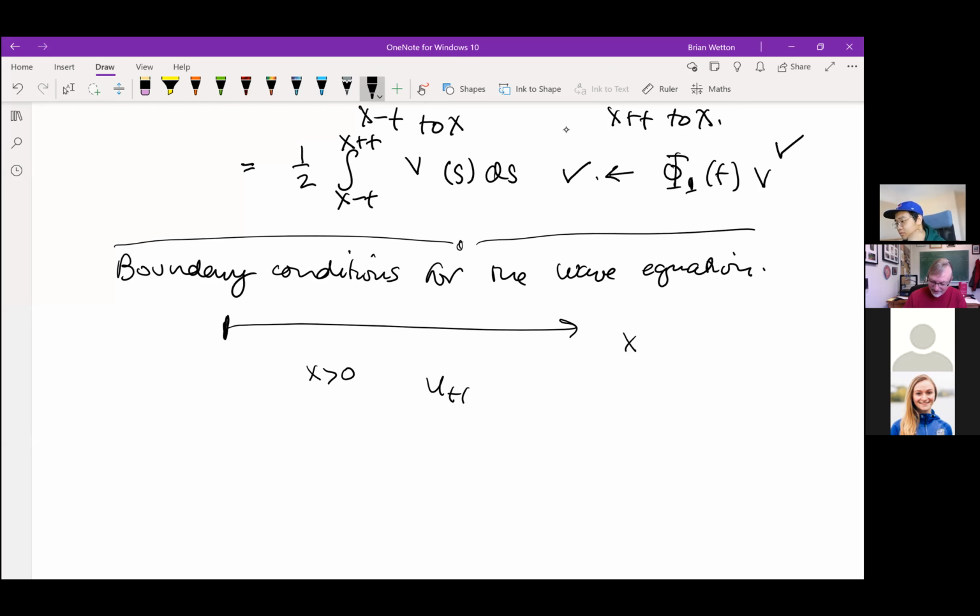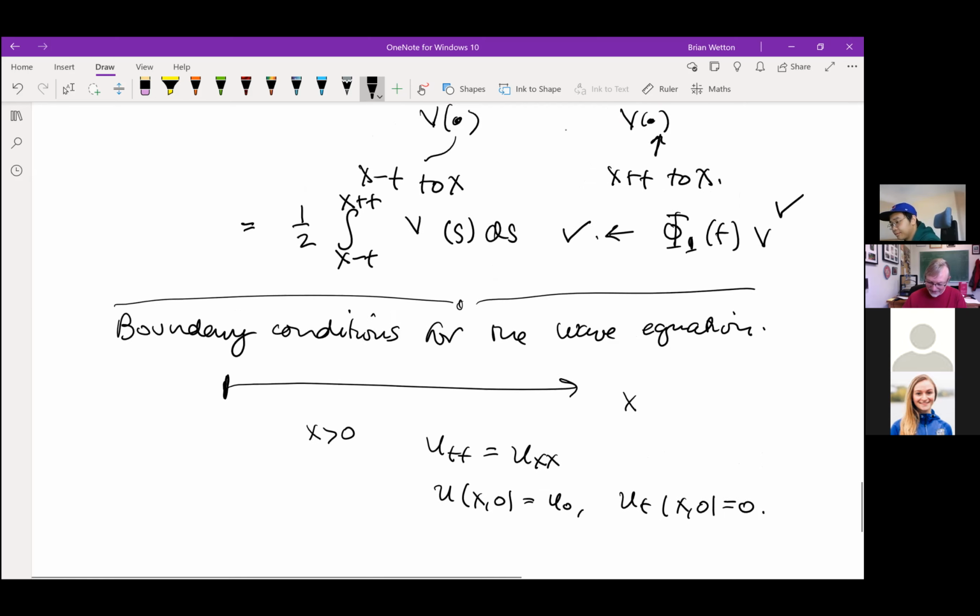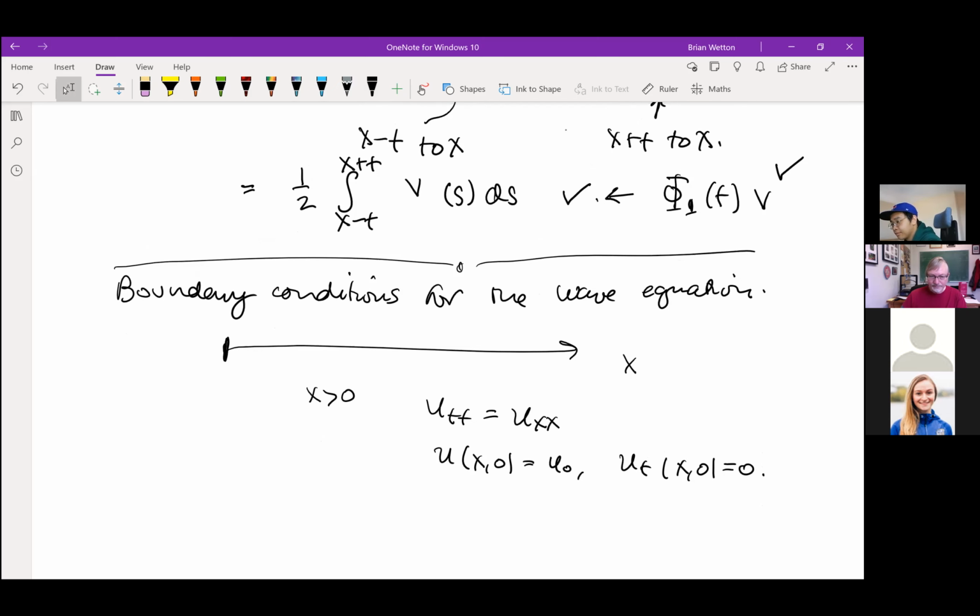I want to solve the wave equation with initial conditions and no time derivative initial conditions, no forcing. So this is problem 0, but now you can get all the other solutions out of this one.